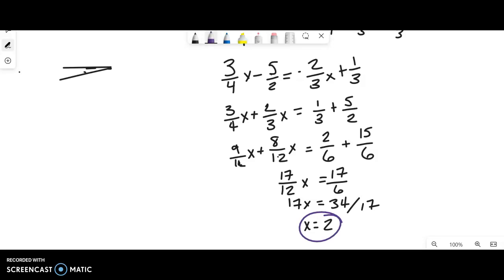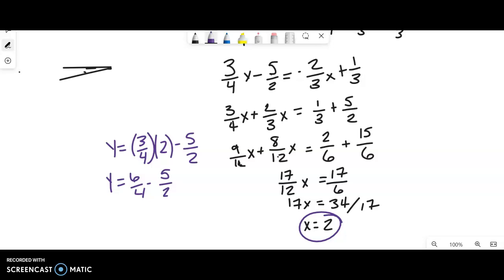Okay, that was a lot of work, but now I know that x equals 2, I can plug that in to find the value of y. So in the first one, I have y equals 3 over 4 times my value of x, which I said was 2, minus 5 over 2. Okay, I've got to multiply these two fractions, so I go top times top, so that's 6 over 4 minus 5 over 2.